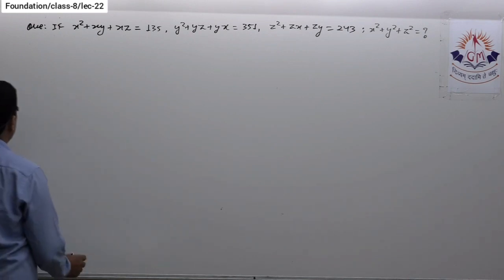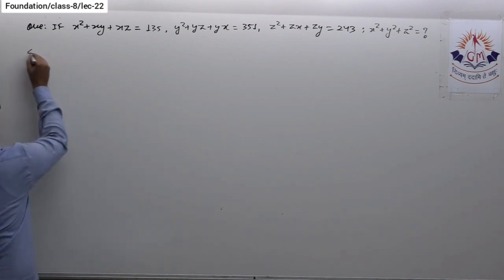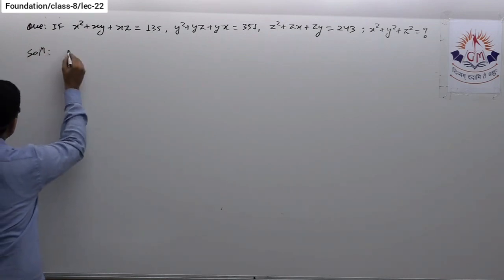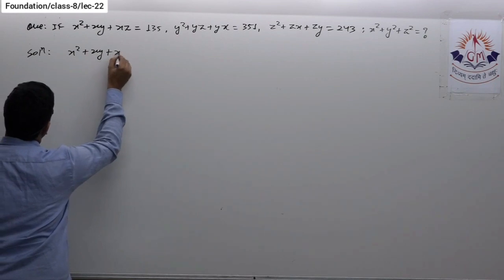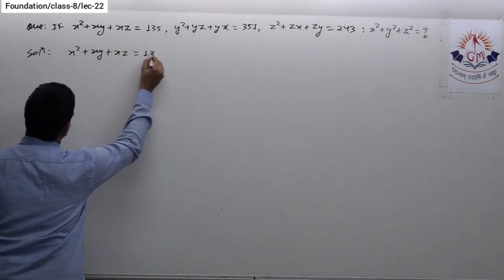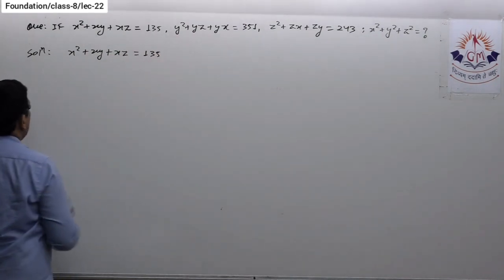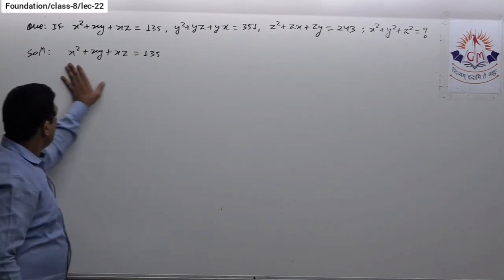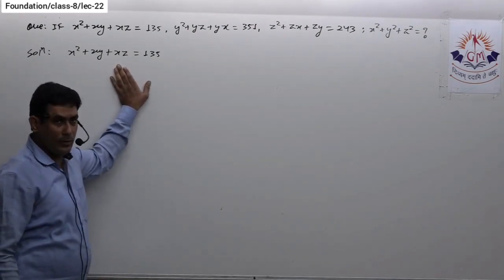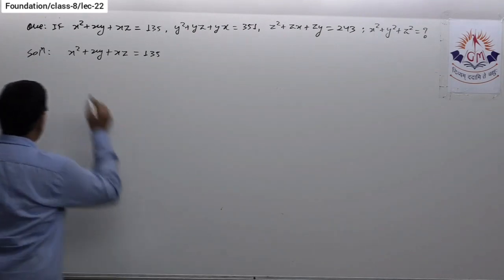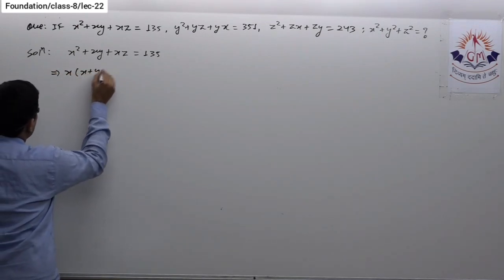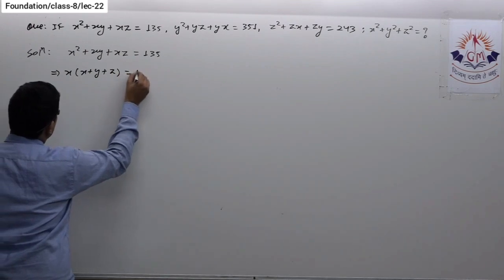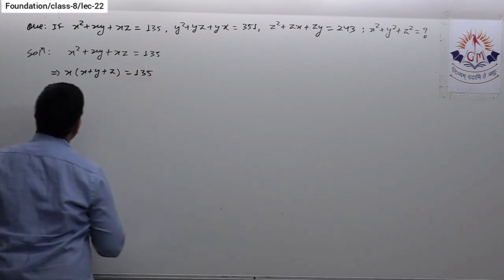Okay, so let us see how to solve this. We have x square plus xy plus xz is equal to 135. If you observe carefully, x is common in these three. So if I take x common, I will get x times (x plus y plus z) is equal to 135.